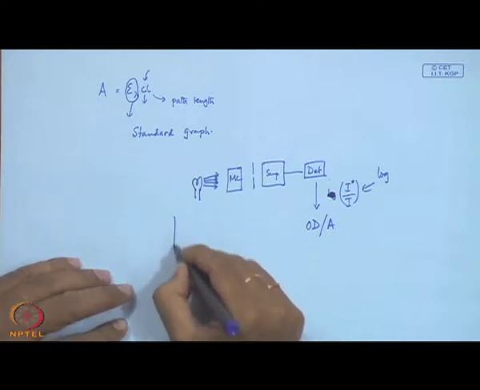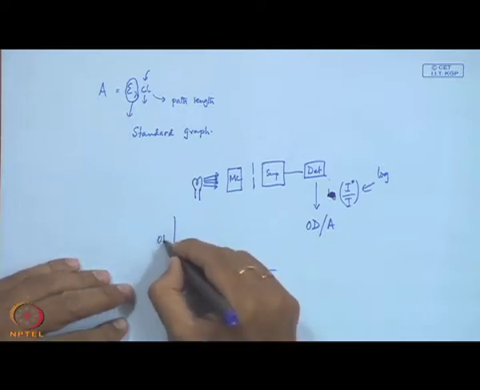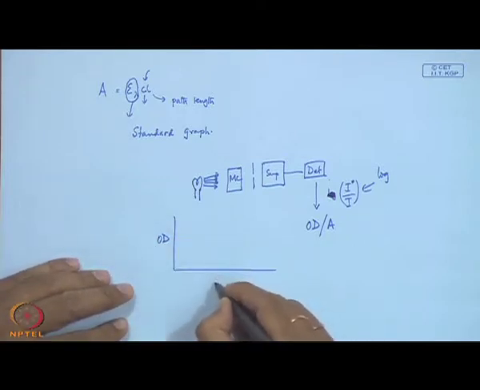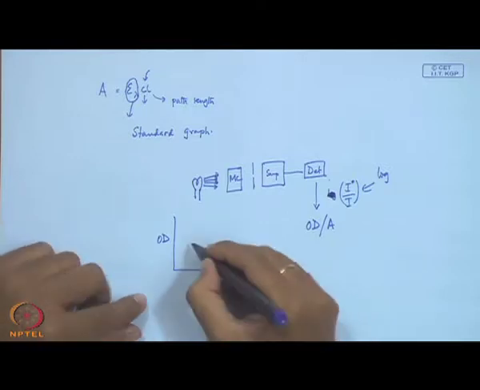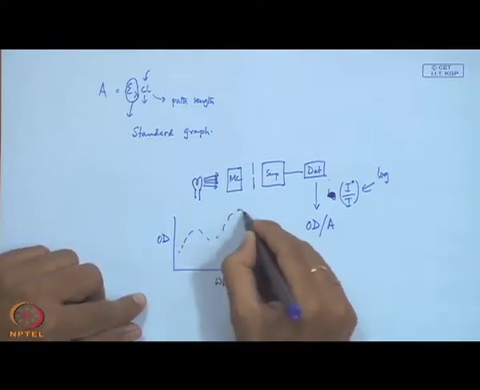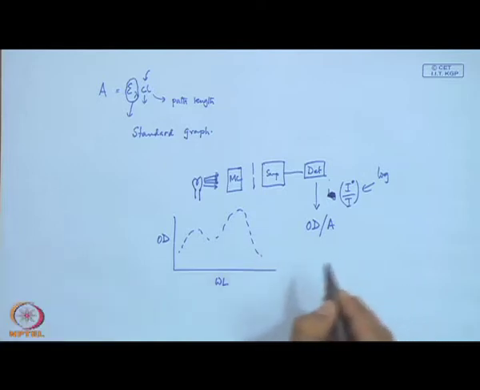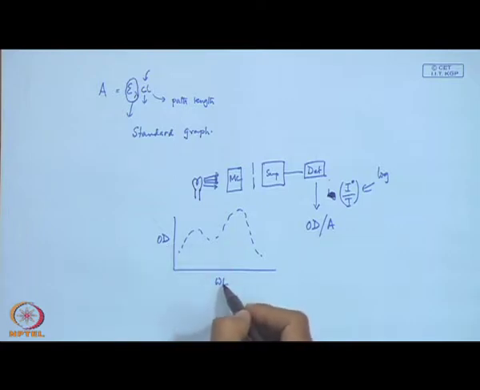Now, you plot OD versus wavelength, and it gives you something like this. This is called your absorbance spectra. That is, the spectra is the ordered arrangement of OD as a function of wavelength.